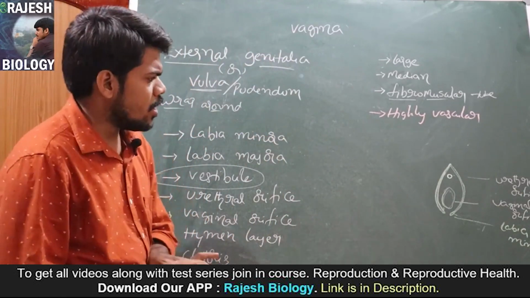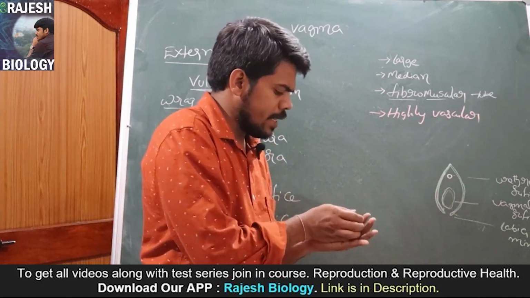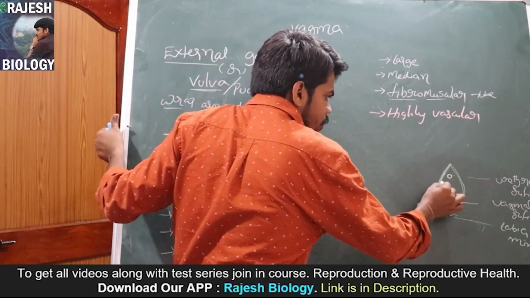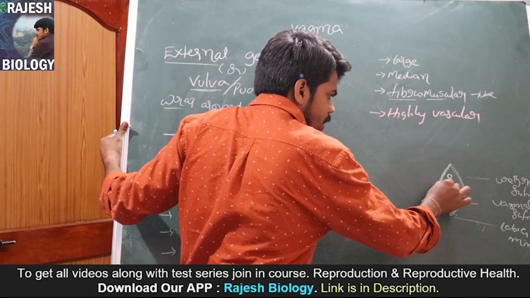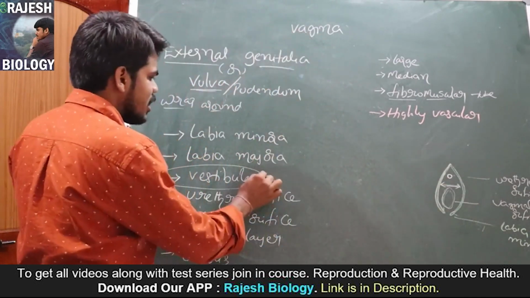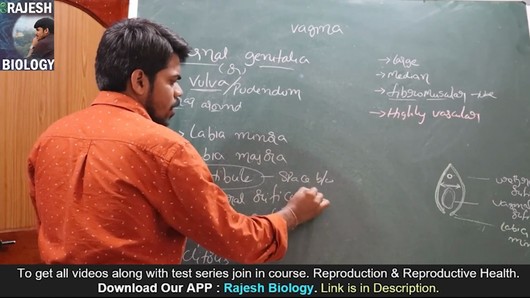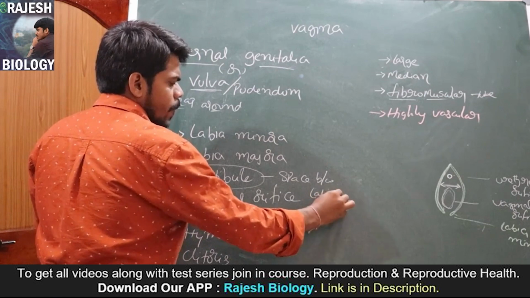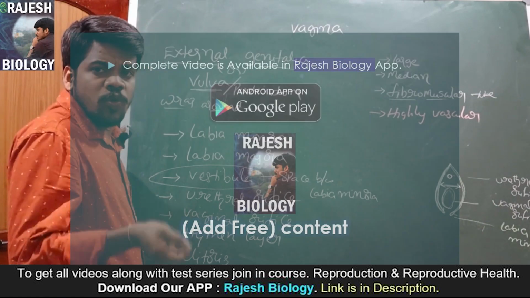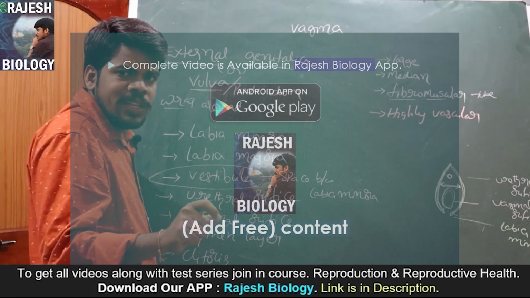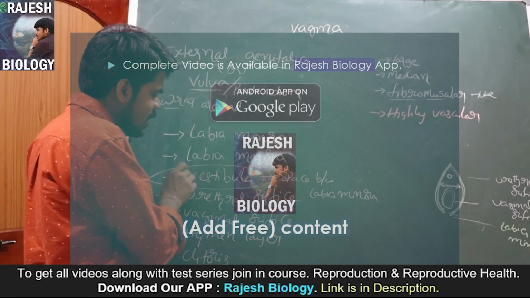Now, the space between the two labia minora, where the urethral orifice and the vaginal orifice are present, is called the vestibule. The urethra opens into it, and the vagina opens into it.